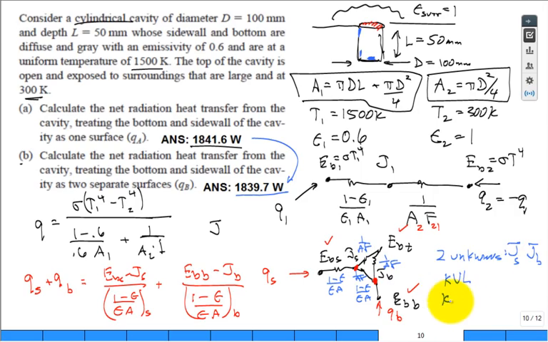KVL or KCL? Do those little acronyms mean anything? Kirchhoff's voltage law, that's over a loop in our network. Kirchhoff's current law is for a node. The flow of current into any node in a network must equal 0. That's the second one. Which one are we going to use?